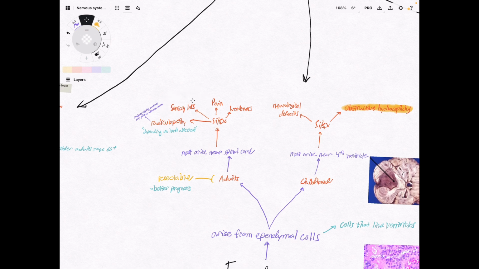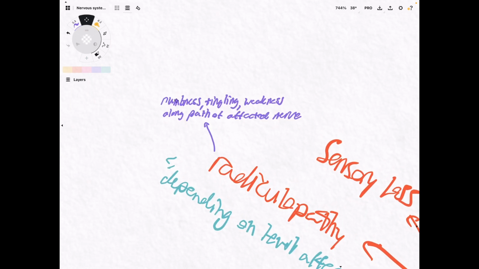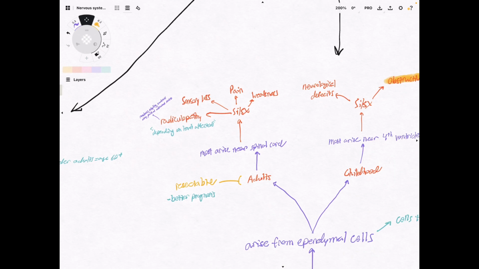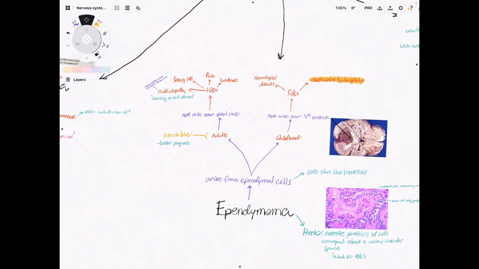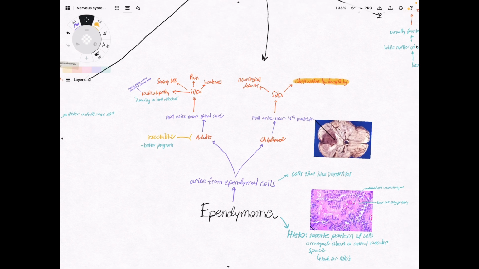So again, those sensory neurons coming up from the dorsal column medial lemniscus pathways or lateral spinothalamic pathways, that sensation is going to be lost. And then you can also have radiculopathy, so if it's compressing on a nerve root. And what a radiculopathy is, is just numbness, tingling, and weakness along the path of an affected nerve. And these can be usually resectable in adults, so usually a better prognosis than if it presents in childhood.